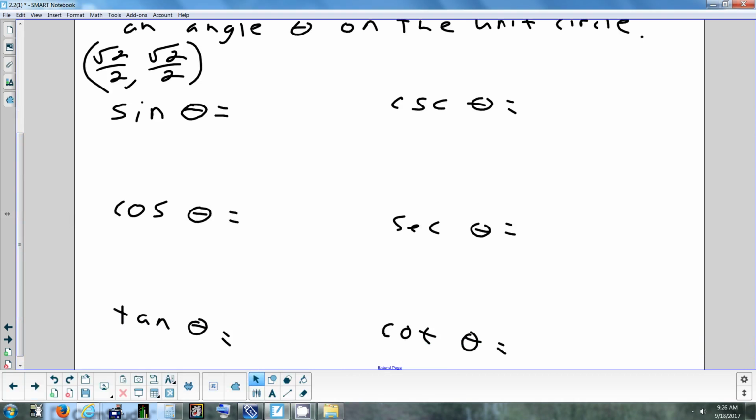So let's take a look at sine. So first one, sine. And how about Ashlyn? Were you able to get the sine for that angle? It would be square root of 2 over 2? Yeah, and just so I know which one you picked, because usually it makes a difference.